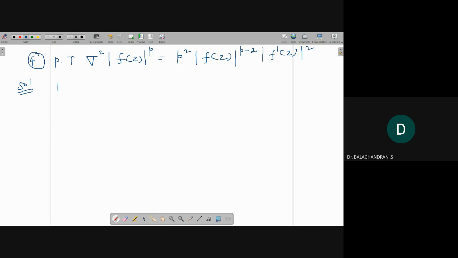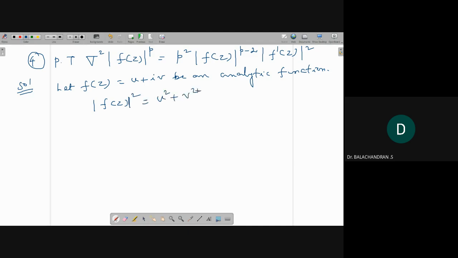So let us take f of z equal to u plus iv be an analytic function. Now what is modulus of f of z whole square? Modulus of f of z whole square equal to u square plus v square.